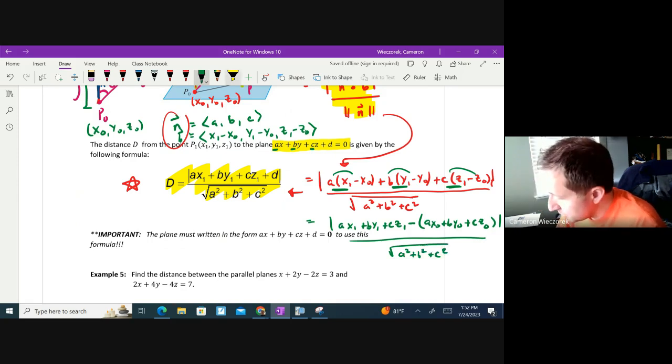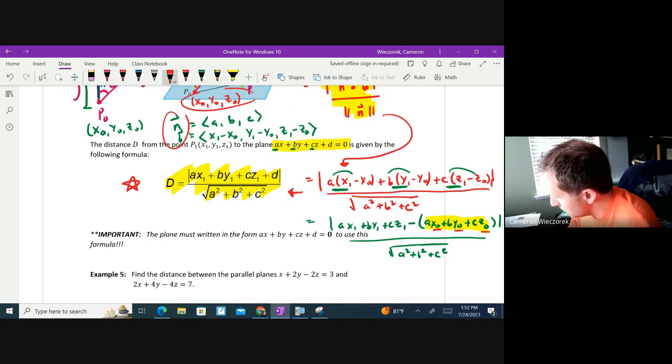And this is the part where you have to think about the plane that they gave you. This quantity right here, ax naught plus by naught plus cz naught, is looking at the plane that we're measuring to, and what point do we know that sits on that plane? P naught. What are the coordinates of P naught? x naught, y naught, and z naught.